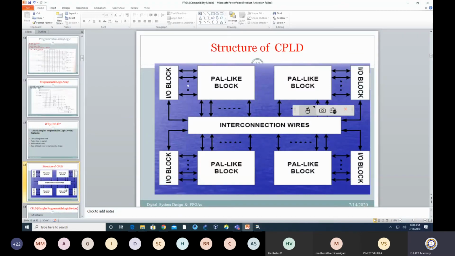एक PAL ब्लॉक में 4 इनपुट का सपोर्ट है, तो दूसरे... कोई एक CPLD फैमिली है, तो उसमें जो भी आपका प्रोग्रामेबल लॉजिक ब्लॉक होगा, जो हम मान रहे हैं कि PAL ब्लॉक, something easy to fabricate.